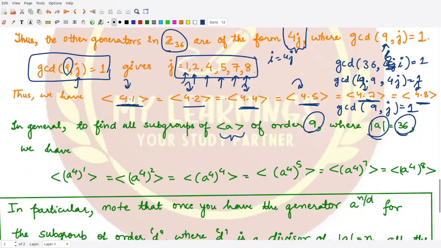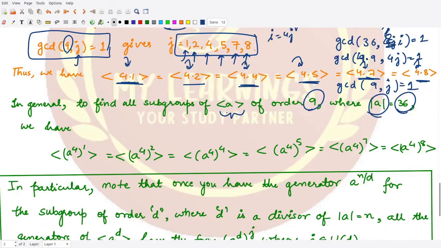Now, if we want to calculate the general cyclic group, not the addition modulo group, we would have a to the power 4 raised to power j, where j is such that its GCD with 9 is equal to 1. So j is equal to 1, 2, not 3 but 4, 5, not 6 because they have 3 in common, then 7 and 8.